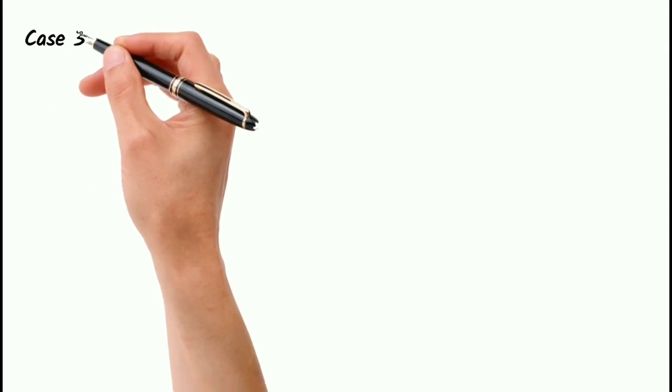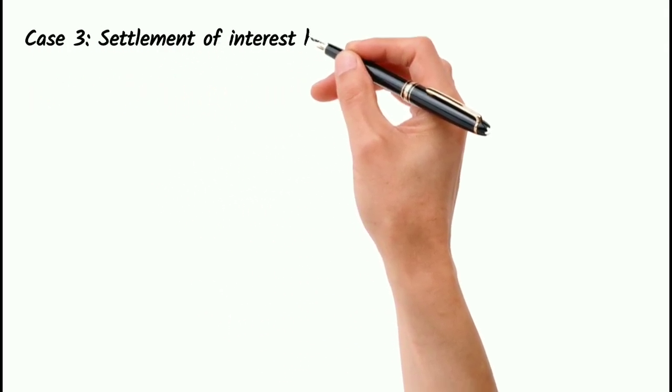Next, case 3, settlement of interest by partnership. The partnership pays partner A 650,000 pesos for his capital. Requirements: provide the entry and compute for the capital balances of the partners after A's retirement.